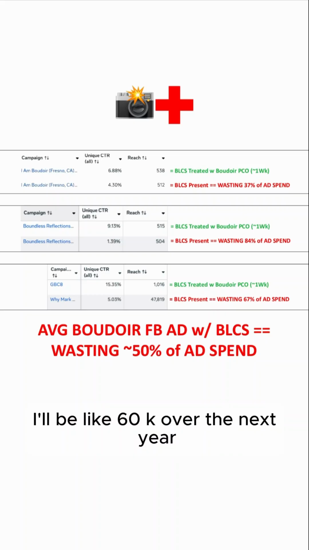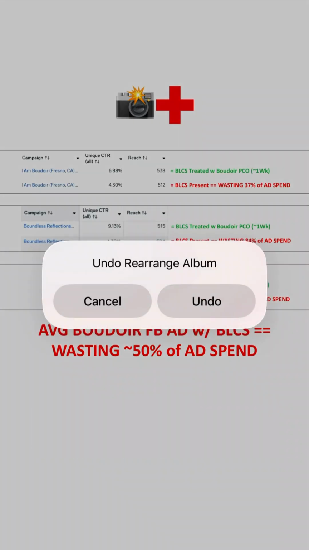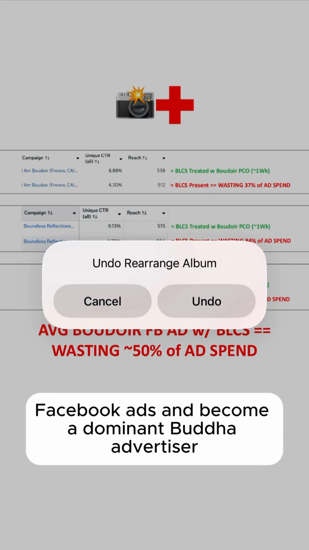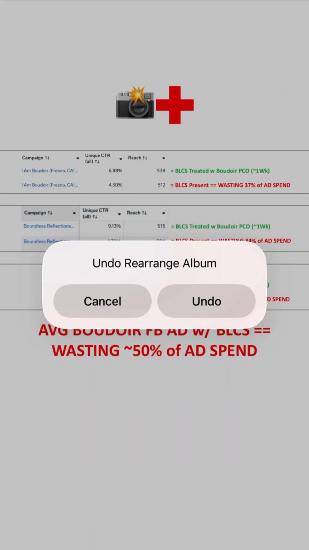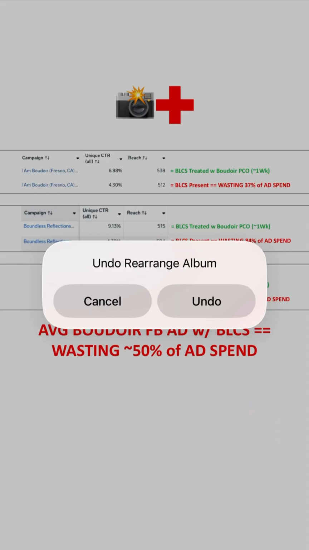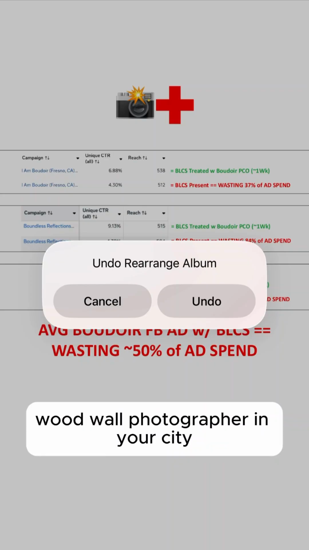That'd be like 60K over the next 12 months. So that's an outcome you want. And you want to achieve pre-click alignment in your Boudoir Facebook ads, become a dominant Boudoir advertiser, and achieve Boudoir brain entry boost, because you need that on your way to becoming the number one boudoir photographer in your city.